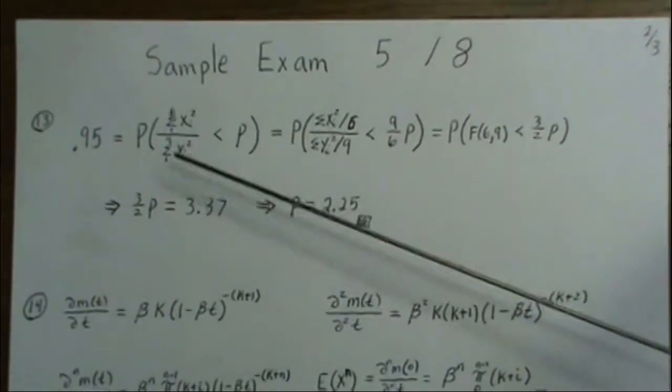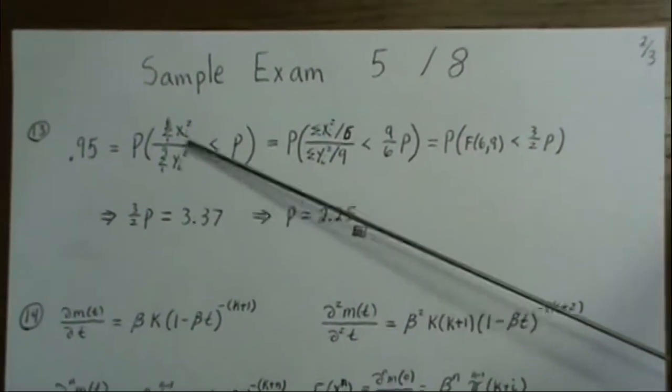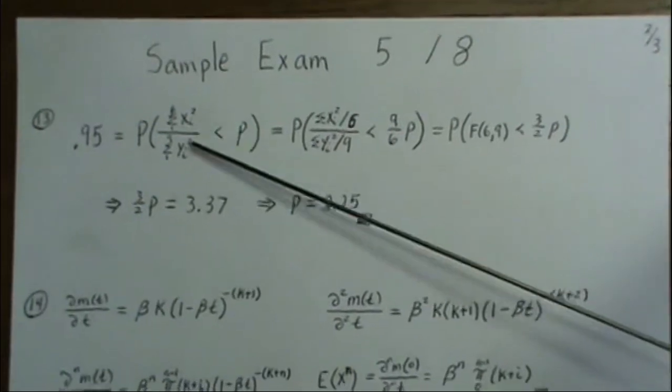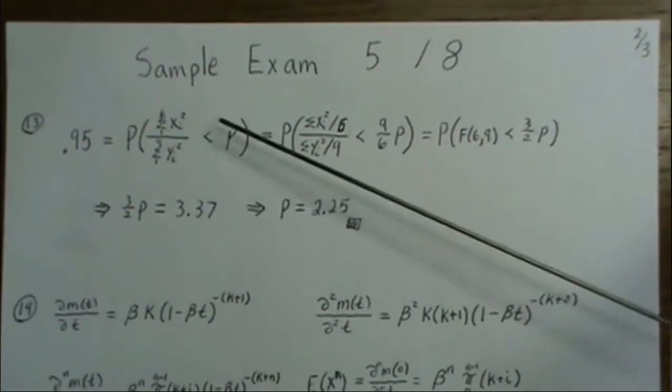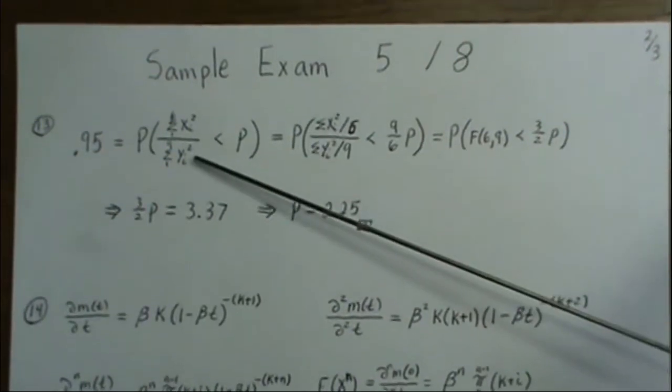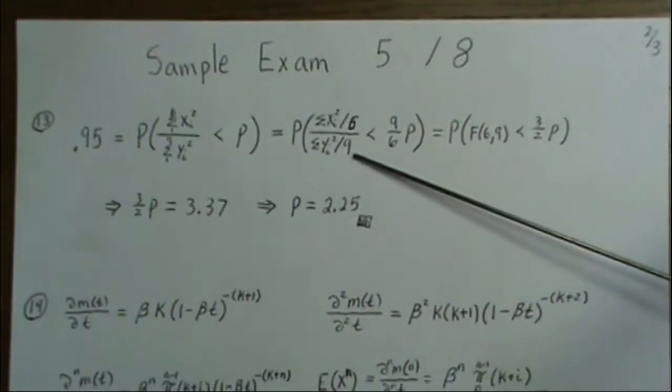And so now the only thing that's stopping this from being an F distribution is that we have to divide by the degrees of freedom. Well, the degrees of freedom in the numerator is 6, and the degrees of freedom in the denominator is 9.